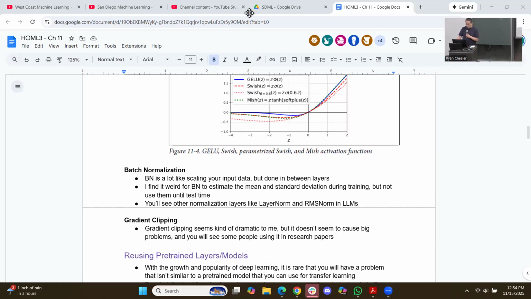There's a question in the chat. Somewhat confused by the note that batch norm is only used during inference/test time. I thought you do use the mean and standard deviation during training and use a moving average computed during, yeah. So let me reread my note and make sure. What I'm trying to communicate with this note is that we are calculating an estimated global mean and standard deviation across our entire data set, and that's what we use for inference at test time.